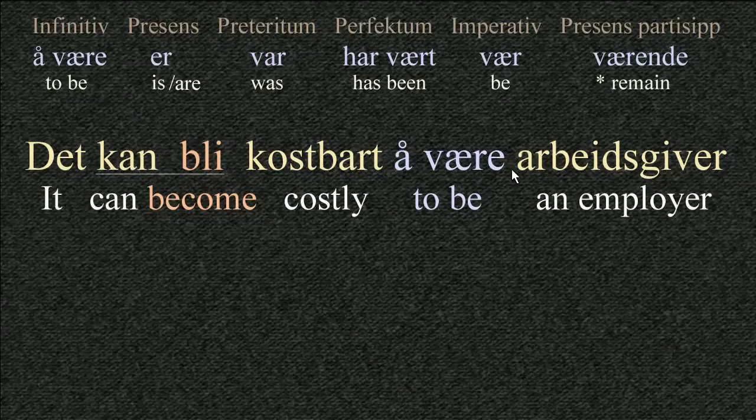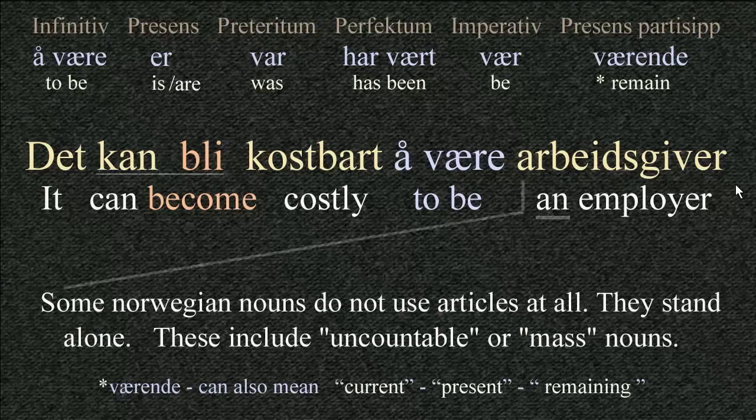And look at this here. There's no article there, and I like this sentence because the article's missing. You may have noticed that with professions, and it also happens with uncountable nouns as well. Sometimes there won't be an article.